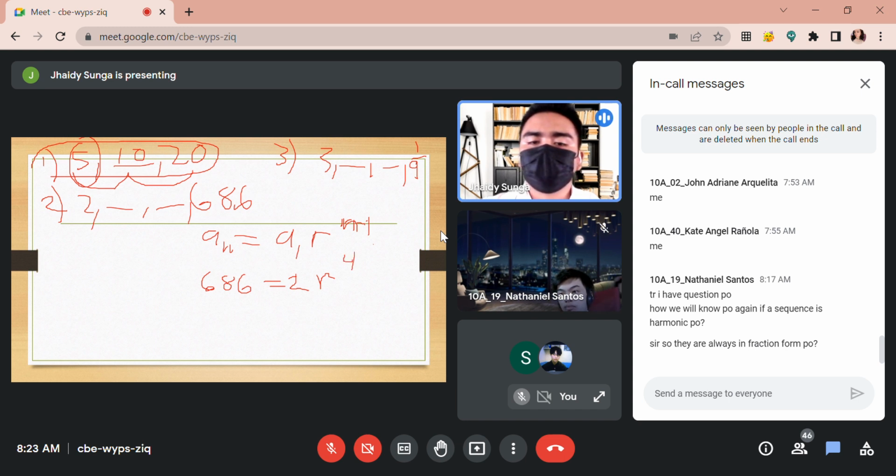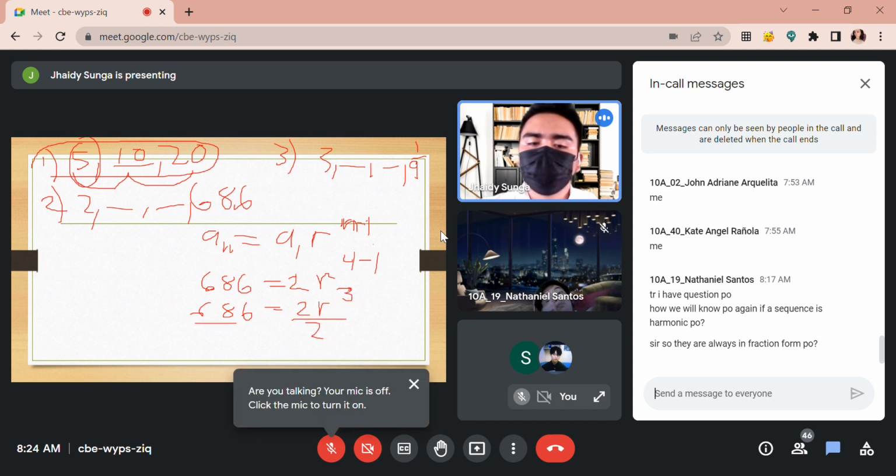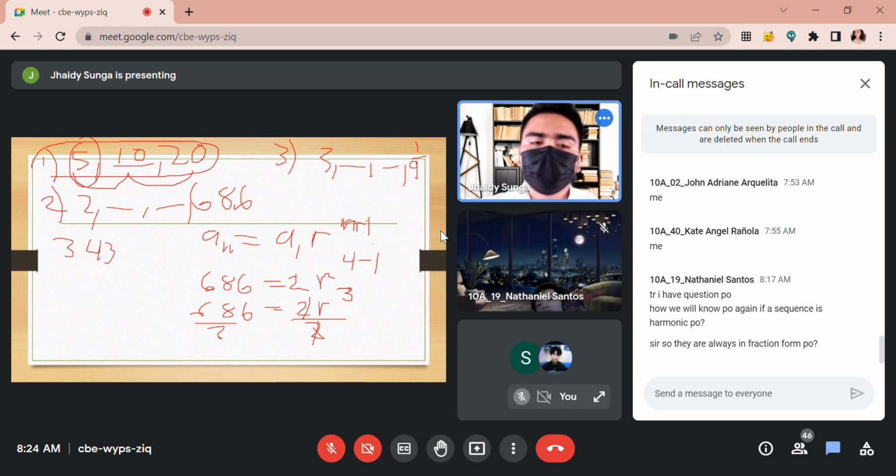So 686 equals 2 times r raised to 4 minus 1, which is 3. We divide by 2 because we don't need the 2, so 686 divided by 2 is 343, which equals r raised to 3.